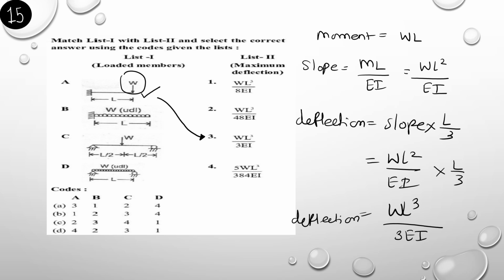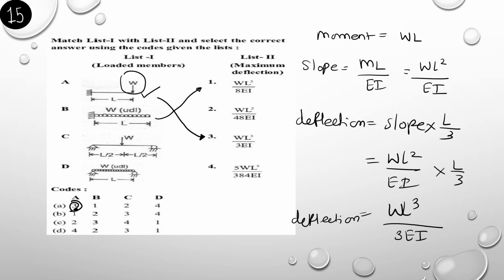Then we'll see the codes here. So for the first option, for A, 3 is there. So option number 1 is correct. But we'll see what the values of deflection are. For B, this is a cantilever beam with UDL. With UDL, the first option is correct, which is WL cube divided by 8 EI.